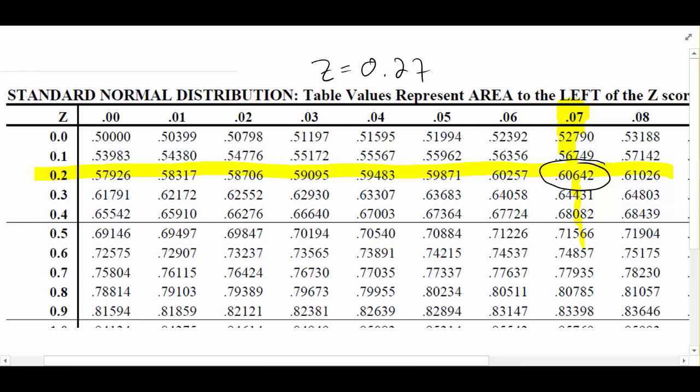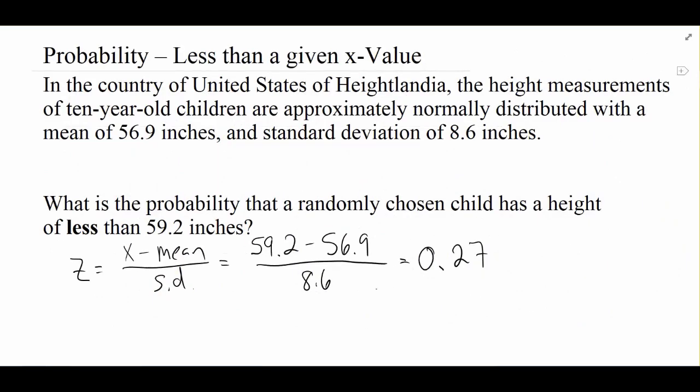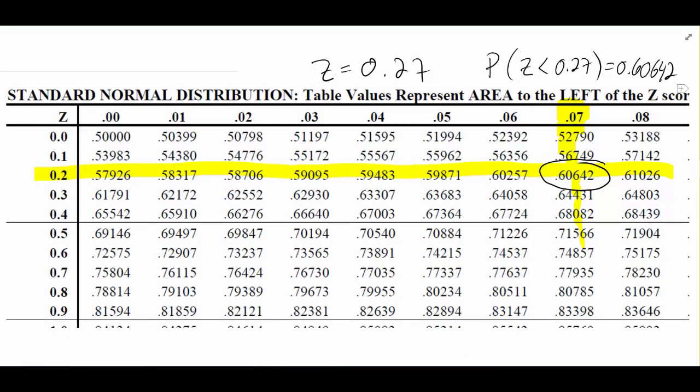And so it's looking to me like the probability of z being less than or equal to 0.27 is going to be about 0.6064. So we can pop back over here and say 0.6064.